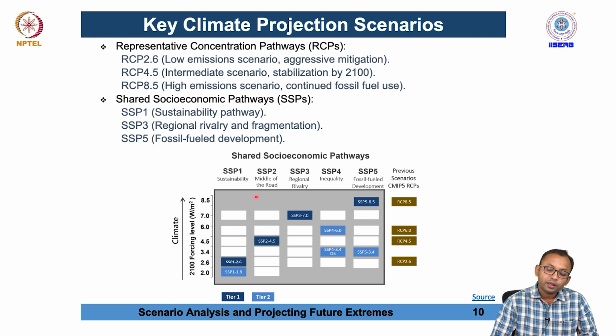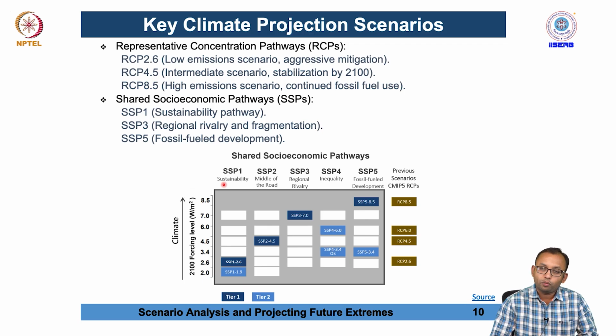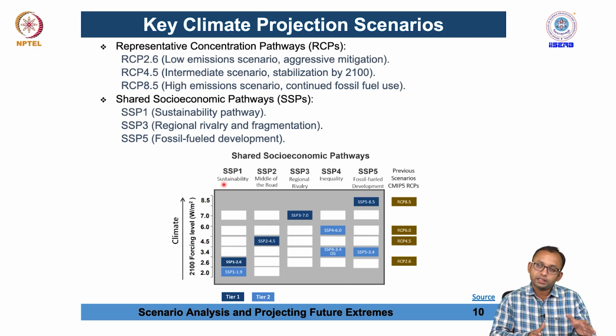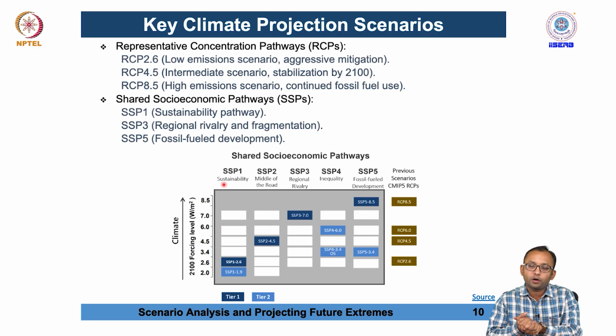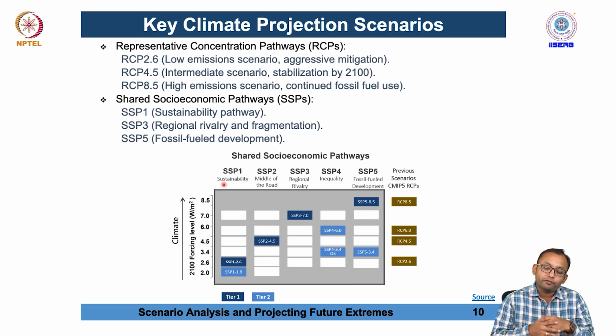For example, what would happen if we follow a sustainable path? What is the middle of the road, with some economic disbalance or social imbalance? Or what if we have some regional rivalry or inequality, or fossil fuel development economies that we continue for the next 100 years?